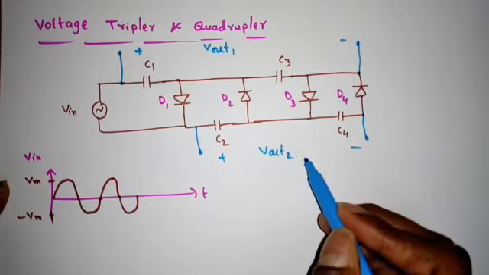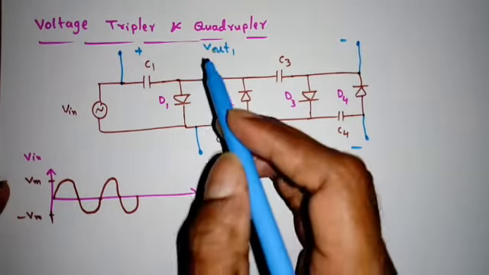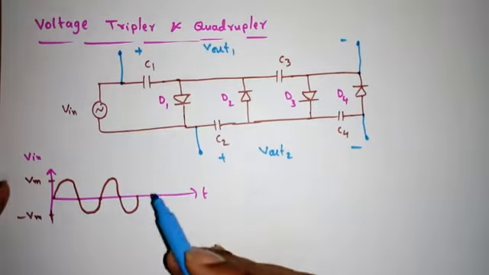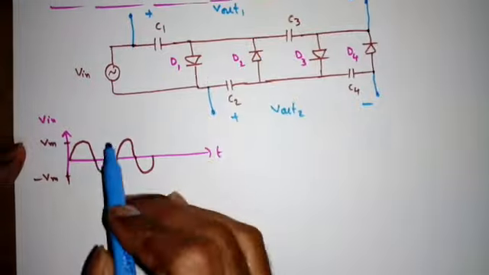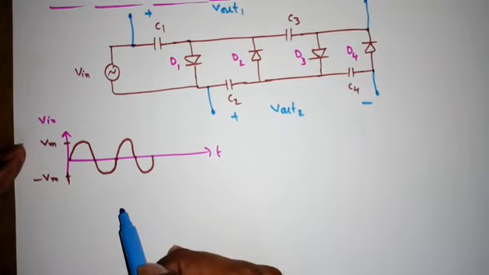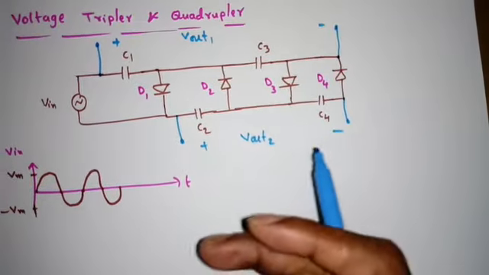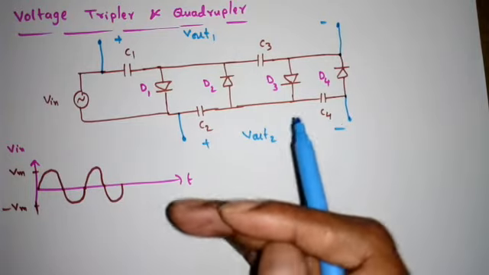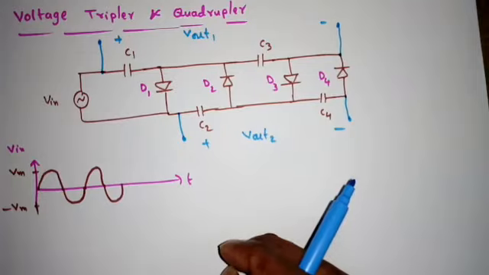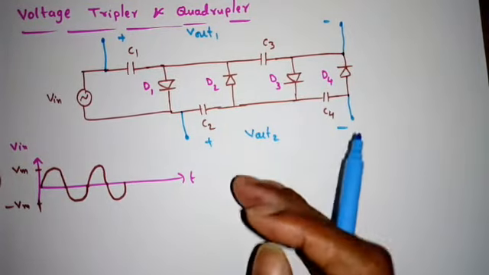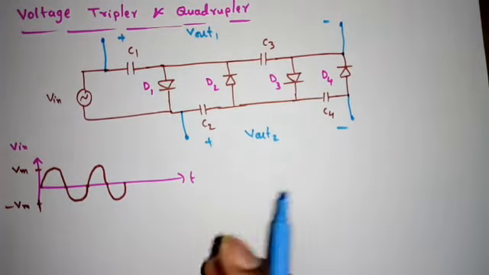That is, Vout2 will be 4 times Vm and Vout1 will be 3 times Vm, and so on. Now we'll see the analysis. Very simple. We have to apply at least 4 half cycles, but practically we have to apply many cycles to charge up to 2 Vm, 3 Vm, and so on, right? You can verify that by doing the simulation in LTspice, right?